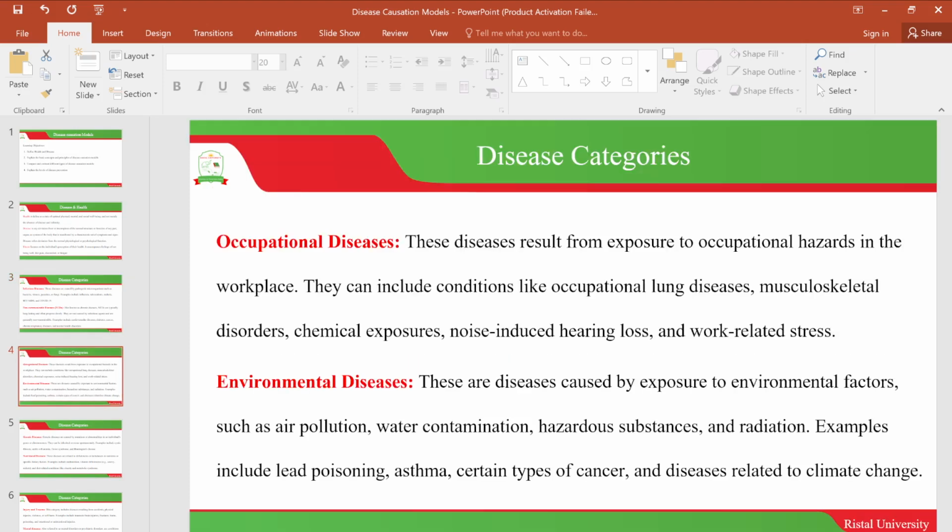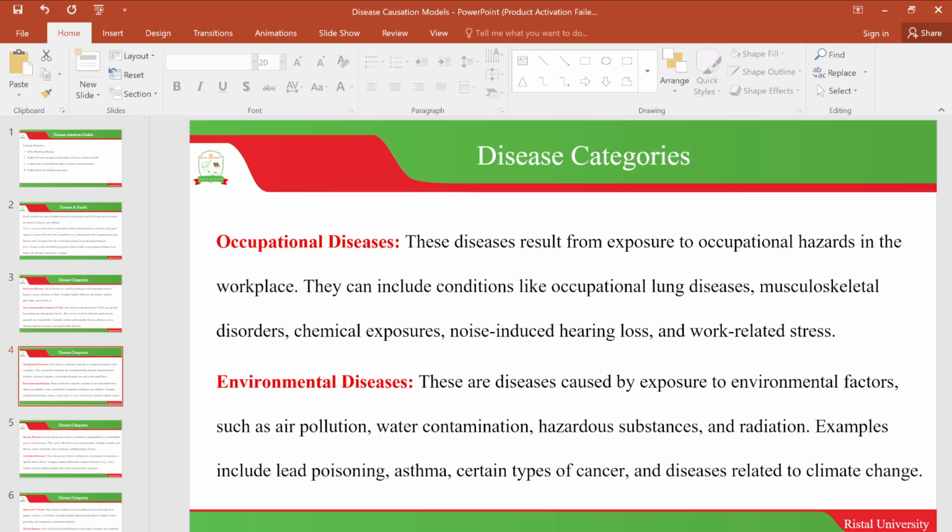And then we have what we call occupational diseases. At your workplace, you can be exposed to agents that can put your health at risk. If you work in a mine, you're exposed to chemicals that will eventually cause different conditions. For example, if you're exposed to asbestos or smoke, these can cause different diseases, for example, cancers.